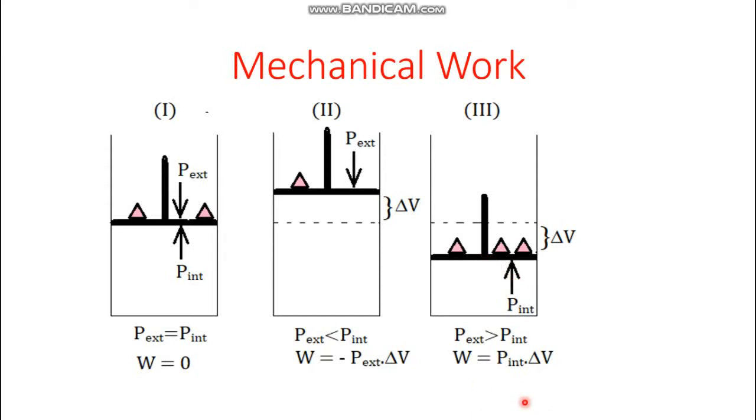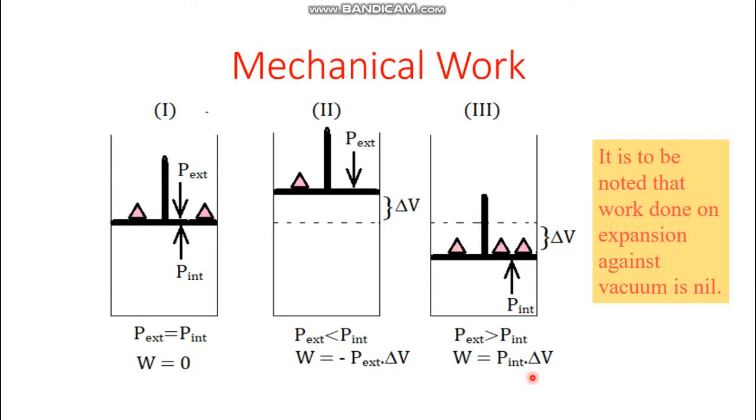So in that case, the work expression should have a positive sign, and the product of P internal and delta V, that is the decrease in volume, is actually the work done. So these are the expressions of mechanical work.